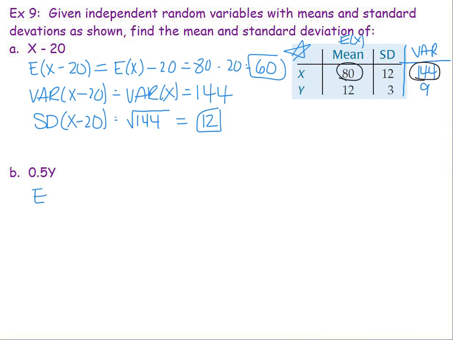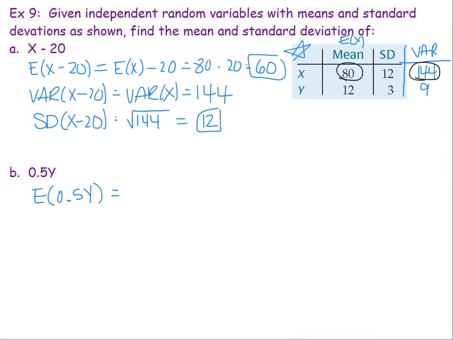So let's use the formulas for this next one. We're trying to find the expected value of 0.5 times y. Notice we're changing letters. Okay, well, which formula should we reference? Look back to the previous slide. Expected value and multiplication is equation 3.